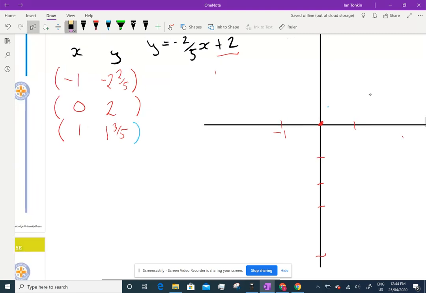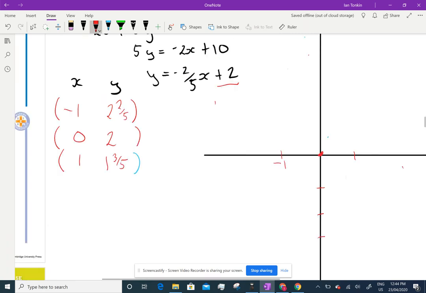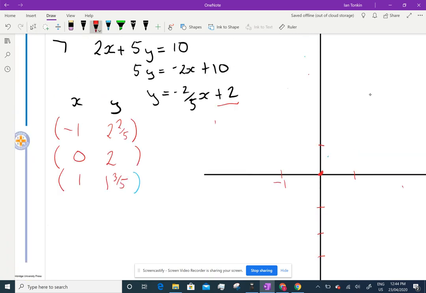Sorry, that wasn't -2 2/5, that was 2 2/5. I forgot to rub out the negative. So -1, and I have to go 1, 2, and 2 2/5 is about there. I've got my 0 and 2, and I've got my 1 3/5, it's about there.